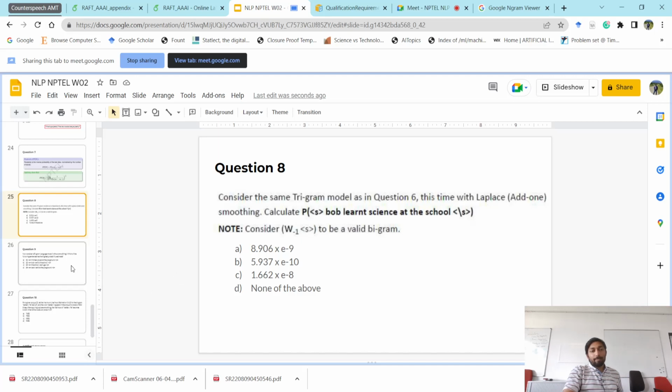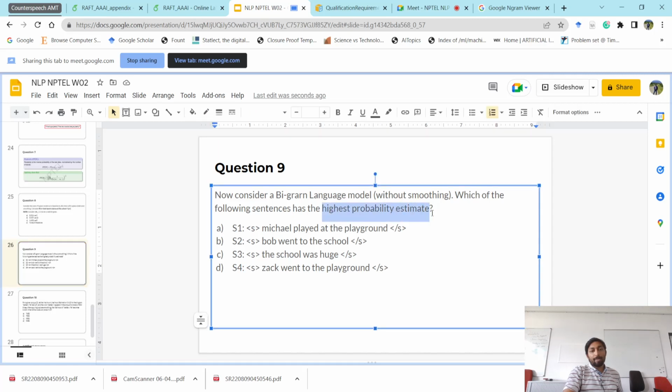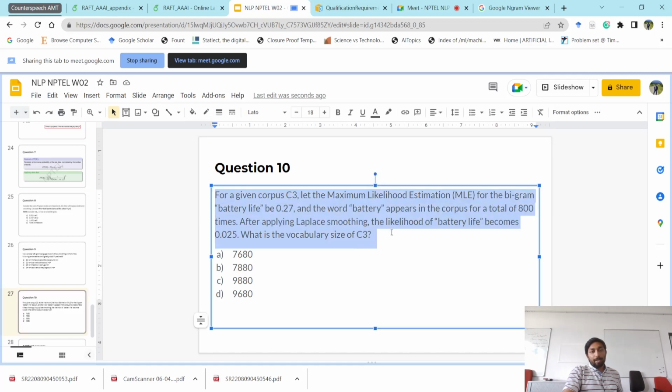Then you have to calculate the sentence with the highest probability estimate. And finally, there is one question for homework, so that you can try on your own. This is again based on the formulas that are already present in the lecture, and finally you will get the vocabulary size. So just check the formula for Laplace smoothing and all this, so you will know how to do it. And let me know in the next session if you have any problem.